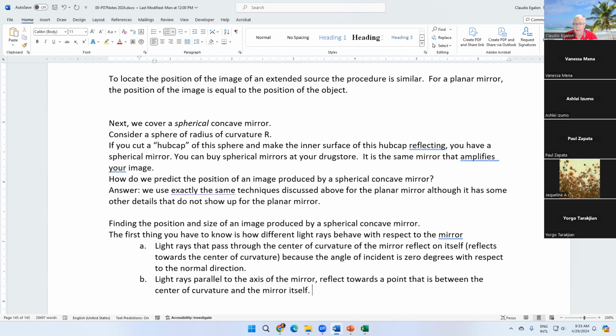This point is half the distance of the center of curvature, and is also called the focal point of the mirror, represented by the letter F.